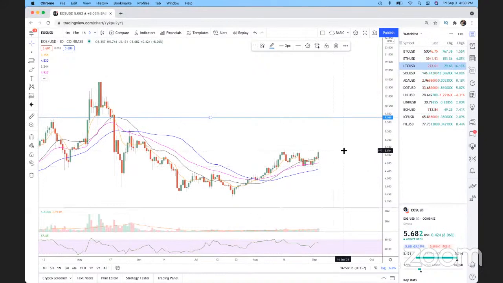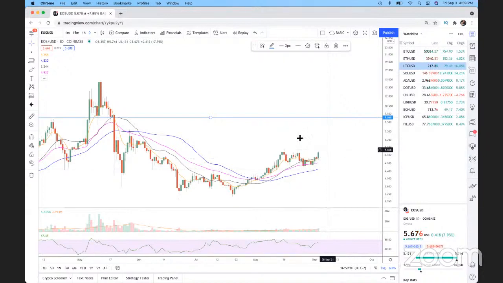And this is intriguing. I want to see a break above this high as a first entry, or at least I look for the level 6. 6 is the area. I like the volume that came in yesterday or today. And the support right now is 5 and the 50 simple moving average.